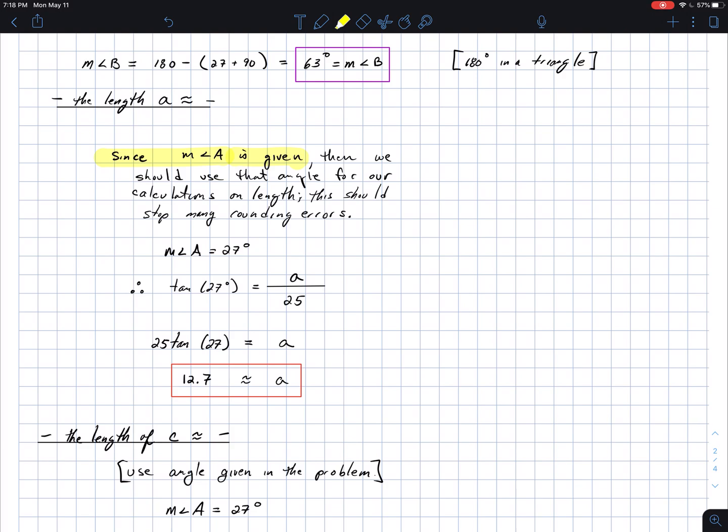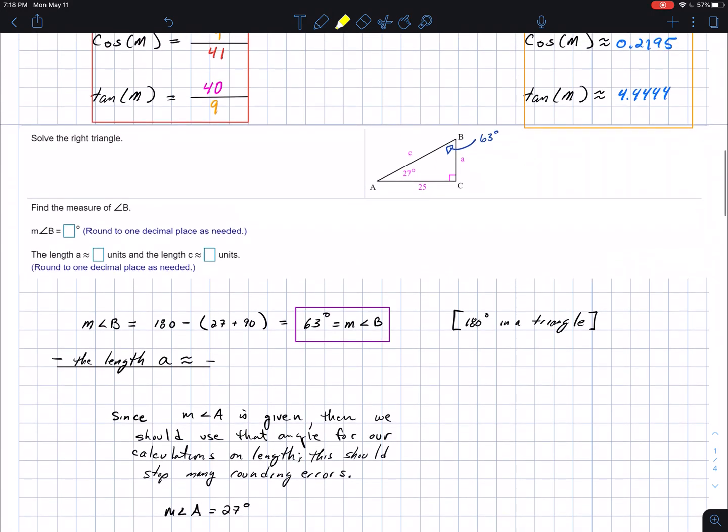When we are doing these types of calculations on a standardized test or something, the best advice I can give you, okay, is use the numbers supplied in the problem. This is big.